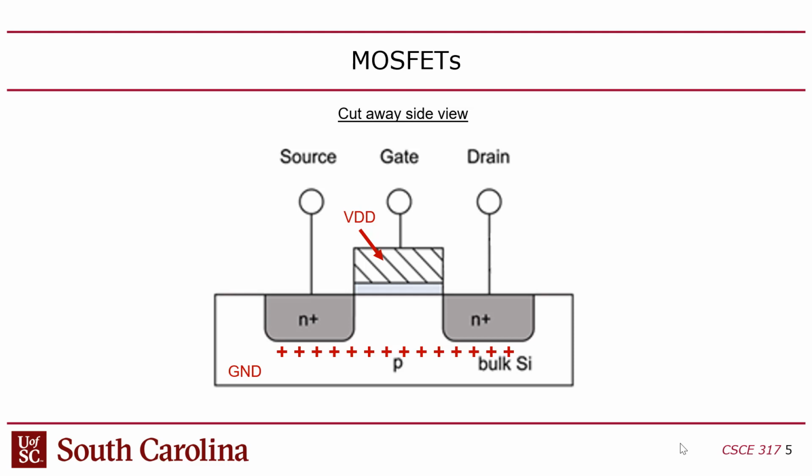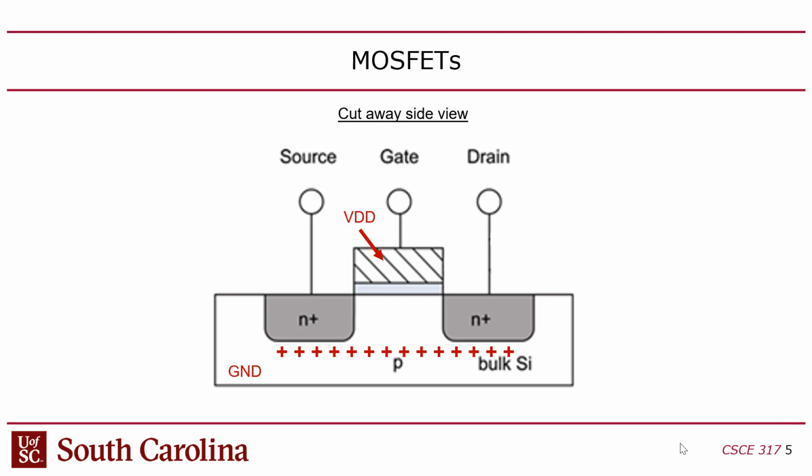So charge is the product of voltage and capacitance. If you have a capacitor and you put a voltage on it, you get a charge. So you end up charging this gate. And that positive charge will attract the electron charge carriers from the substrate.